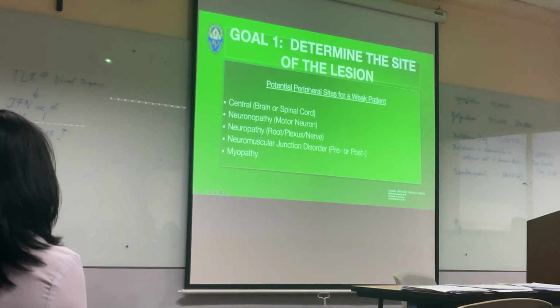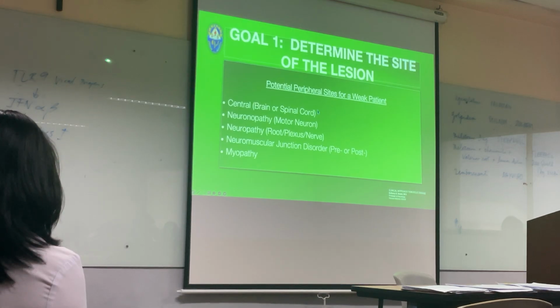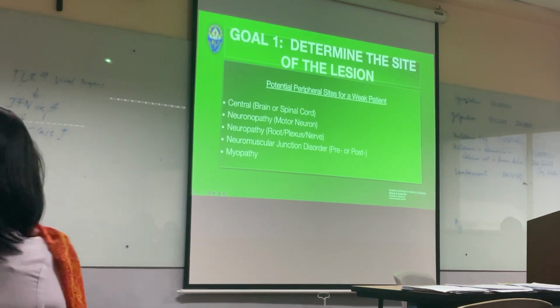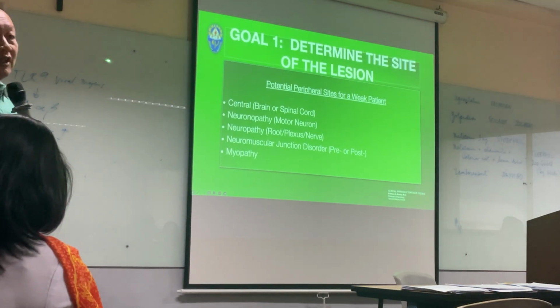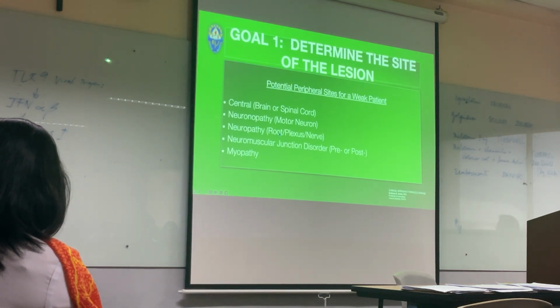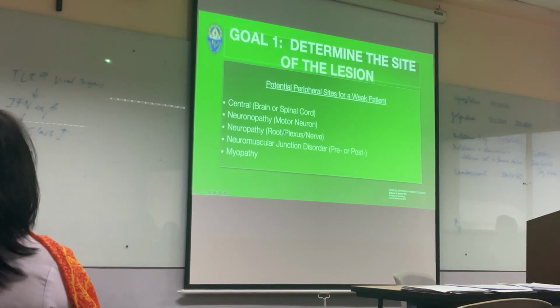If there is a spinal cord lesion, there is a sensory level. Clear? If it is peripheral neuropathy, it is glove and stocking. If it is Guillain-Barré syndrome, the neuropathy is very pronounced. So, this is how you localize where the lesion is.